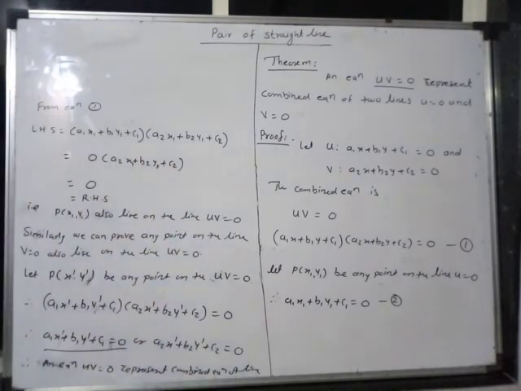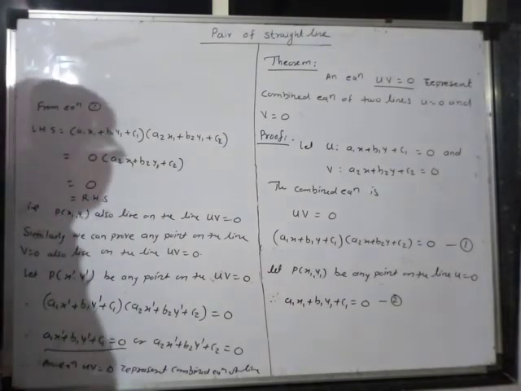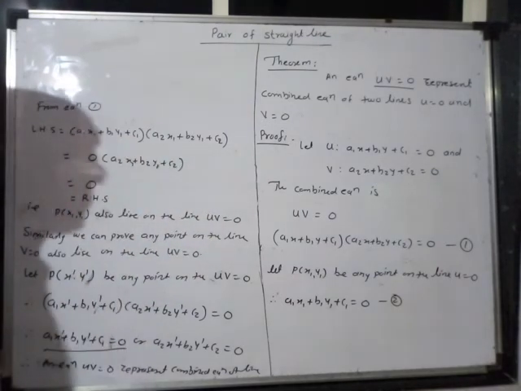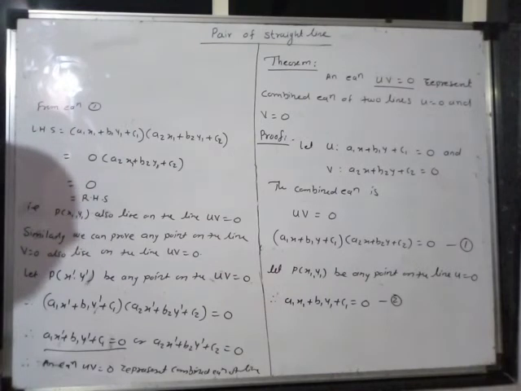Okay, combined equation of the straight lines. So we prove that the combined equation of the lines, that is u into v is equal to 0, always represents two straight lines. Okay.